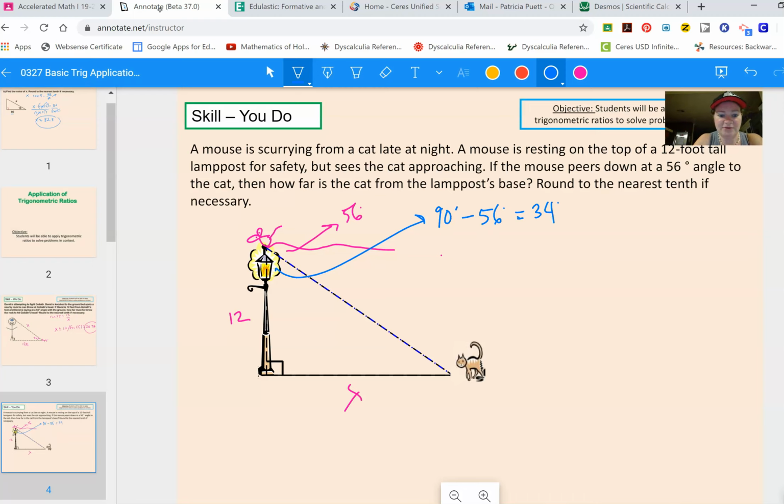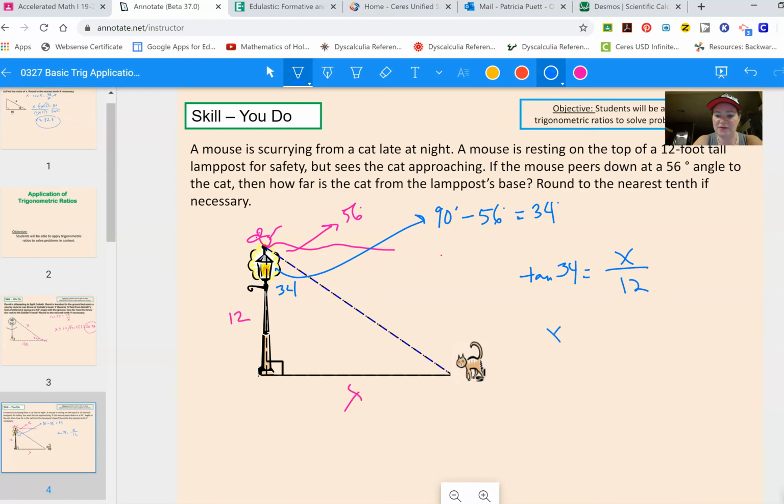Okay, so I have 34 degrees, and then I think, do I do sine, cosine, or tangent? This is definitely a tangent. So you can say the tangent of 34 degrees is equal to the opposite side over the adjacent side.